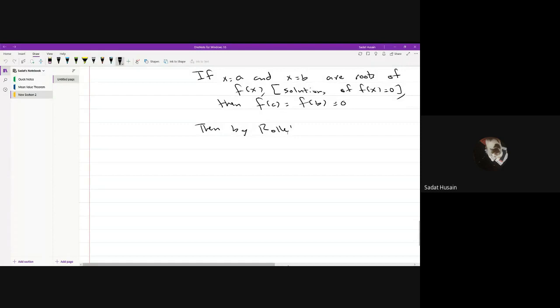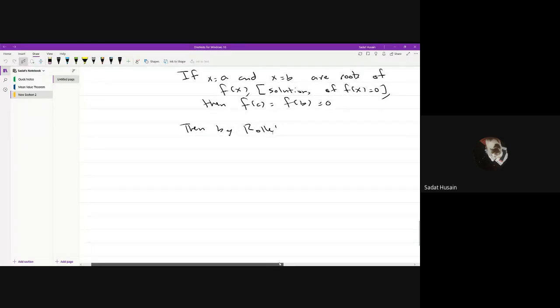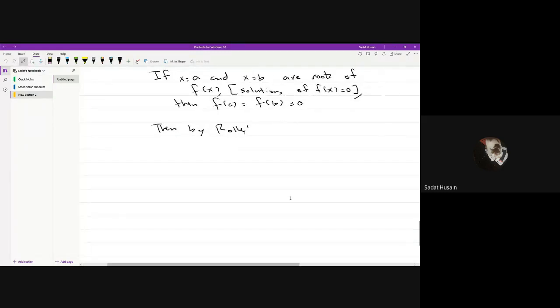So what were we doing? We were looking at functions with two roots. If it has two roots, a and b, then f of a and f of b are both equal to 0, meaning they're the same value.